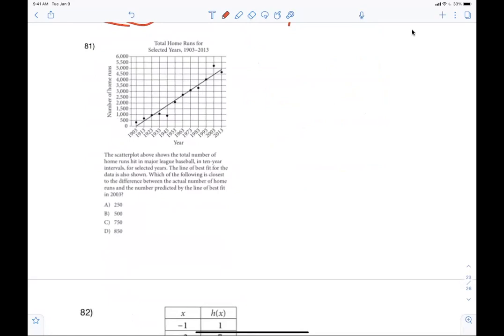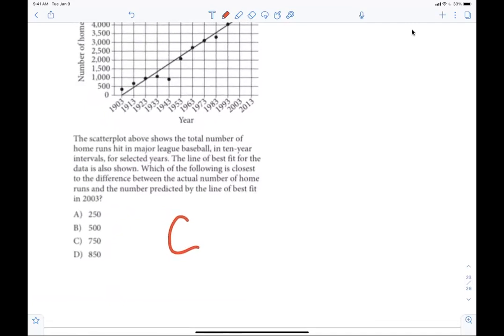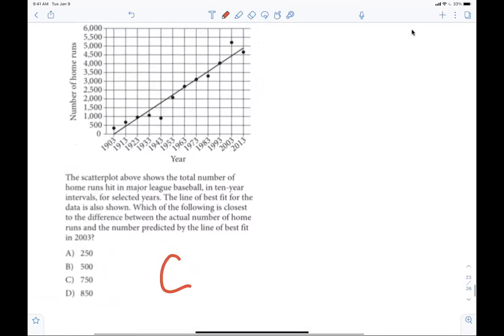Which of the following is close to the difference between the actual number of home runs and the numbers predicted? Maren, what? So far we got a C. Anybody else? Is that correct? Right, because we want 2003. So we're talking about this right here. Does everybody agree?